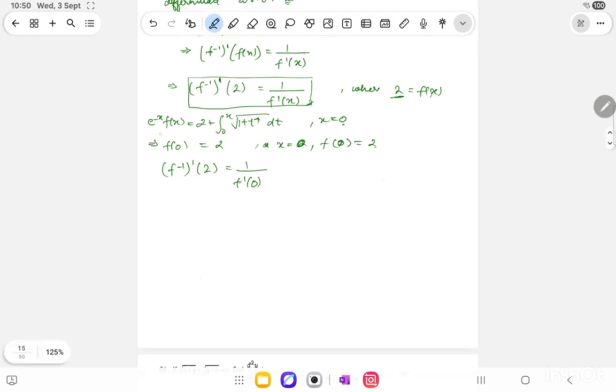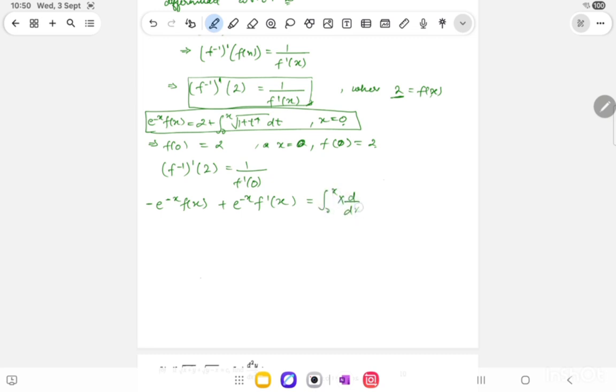So let's take the derivative of this with respect to x. If I differentiate it with respect to x, I'll be getting minus e raised minus x f x plus e raised minus x f dash x is equal to, this term will be 0 and the derivative will be 0 to x, into under root 1 plus t raised 4 dt, plus under root 1 plus x raised 4 into 1 minus 0.